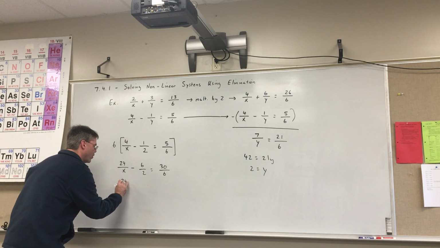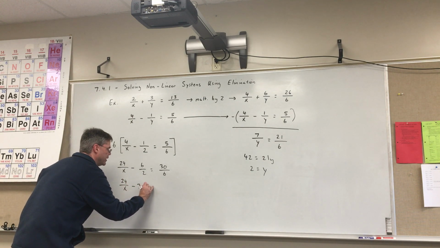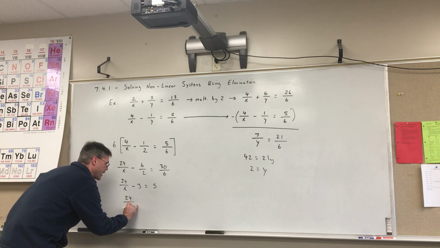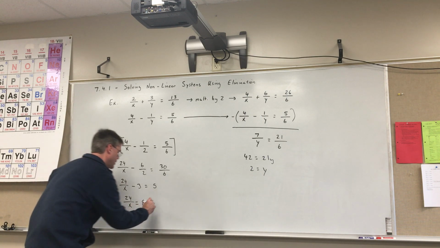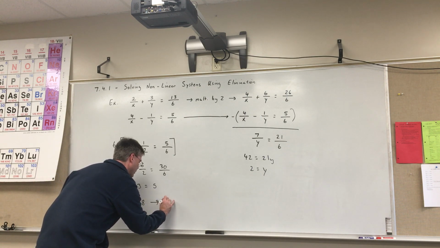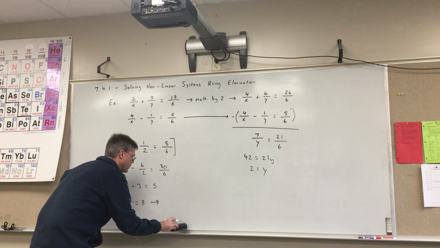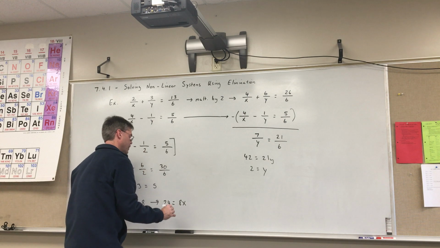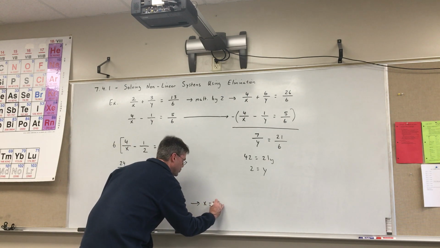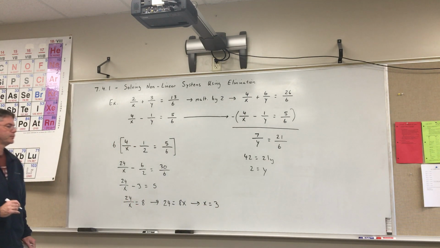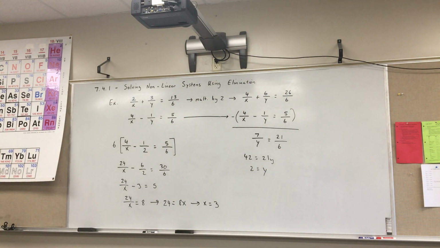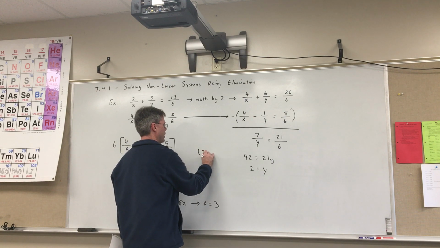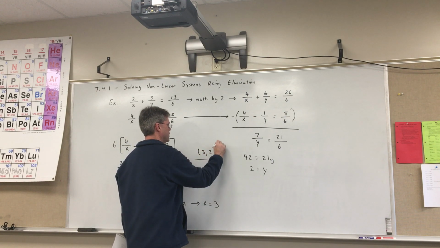So that's 24 over x minus 3 is equal to 5. 24 over x is equal to 8. So 24 is equal to 8x, so x is equal to 3. All right, so our solution is x is 3 and y is 2.